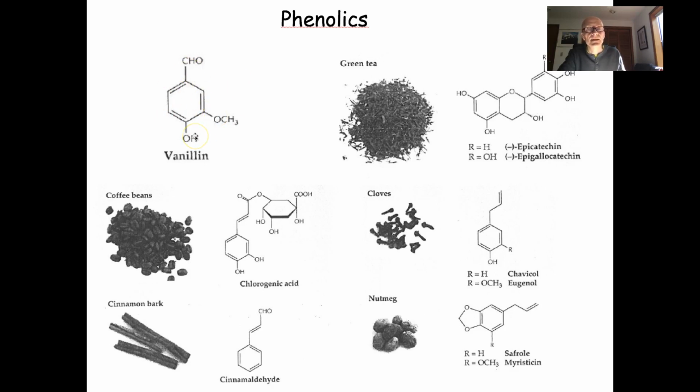Here's an example of vanillin, which of course is the major compound of vanilla. This is also the substance that you will buy if you buy vanilla extract, well, not vanilla extract, but the cheap stuff. So vanilla extract will have not only vanillin in it, but all the other substances, other phenolics, other compounds that come from actual vanilla.